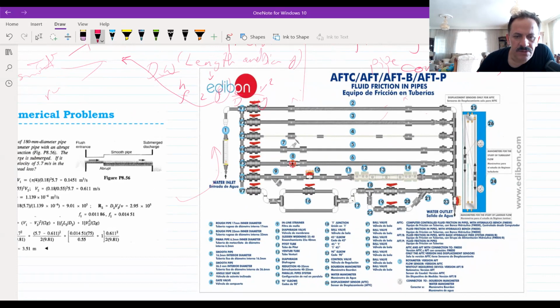The other thing we can use this experiment for is to find the losses in the fittings. Here, for example, is one of the fittings that we have. This is called a ball valve. It is a valve used to control the flow, to close the flow. Inside this valve, there is a hollow ball-like piece with a hole inside.